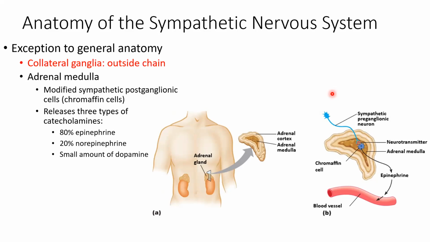So a really important connection to make is that the chromaffin cells act just like postganglionic neurons. They release their secretions just the way a postganglionic neuron would release its neurotransmitter. But because these neurotransmitters are entering the blood, we refer to them as hormones here, or catecholamines, and these are usually epinephrine, and to some degree norepinephrine and dopamine.